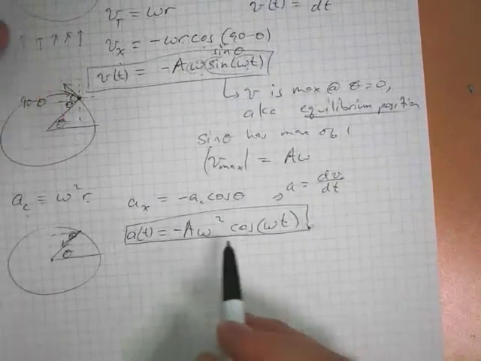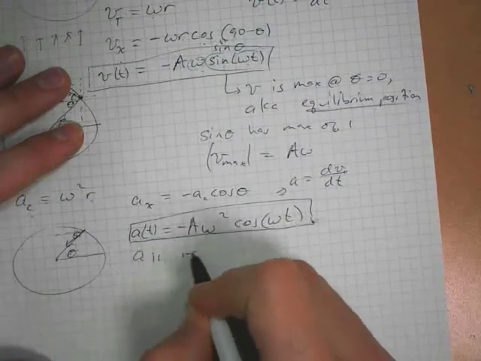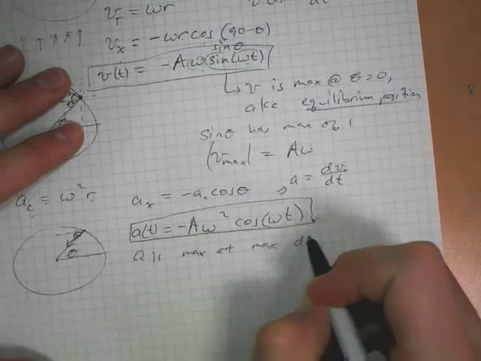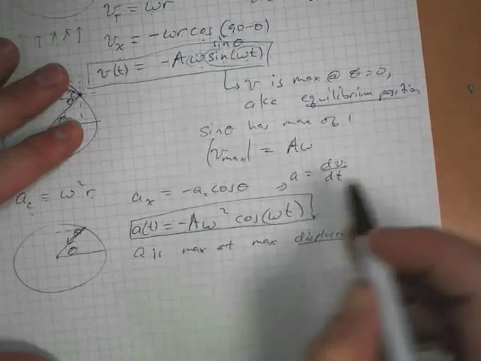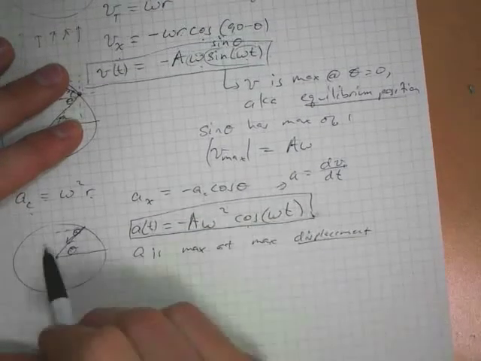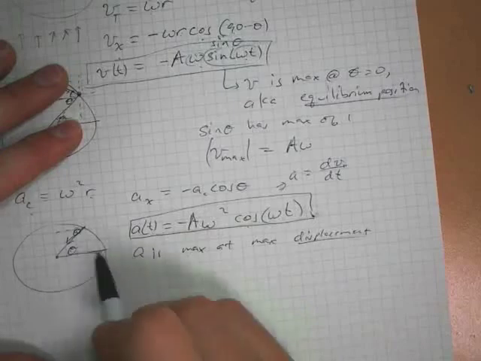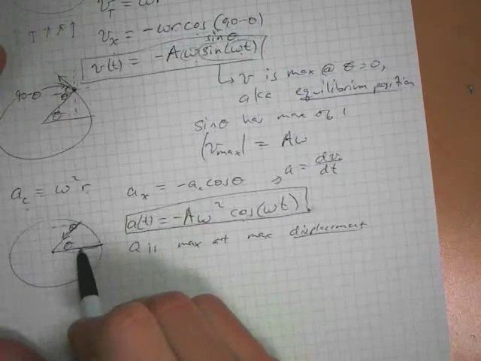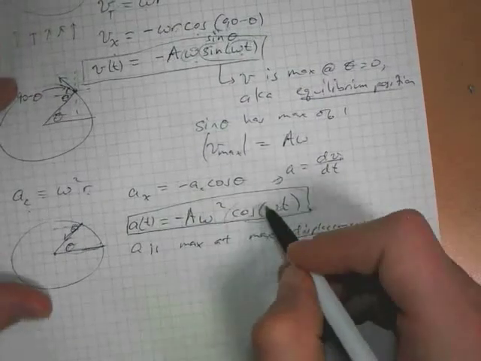And again, as we know, we can see that this acceleration is maximum at maximum displacement, because when theta is 0 or 180, we're at our furthest distance from equilibrium, and that goes along with our cosine being a maximum.